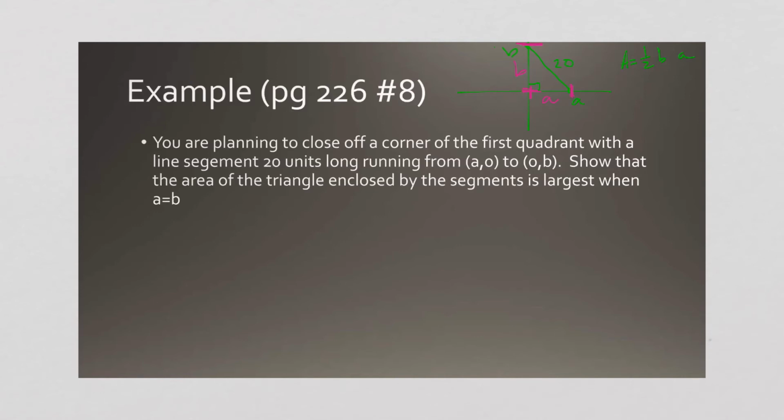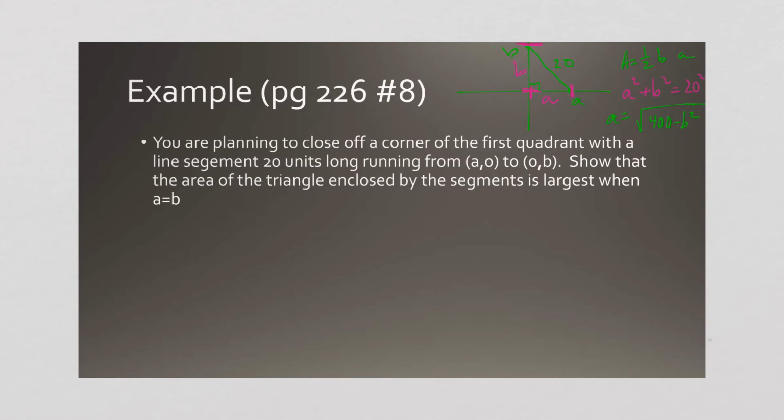Then I also have my Pythagorean theorem. So a squared plus b squared equals 20 squared. And now I need to solve one of these guys for the other variable. Once again, much easier because I have the 20 in my Pythagorean theorem. I'm going to solve that for a or b. If we go ahead and solve for a, we're going to get a equals the square root of 400 minus b squared. 20 squared is 400.